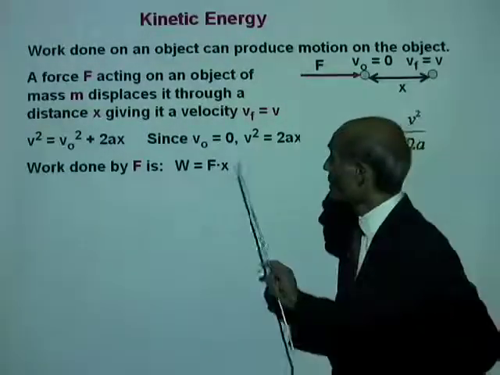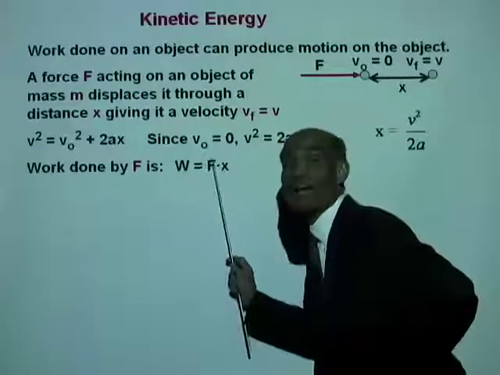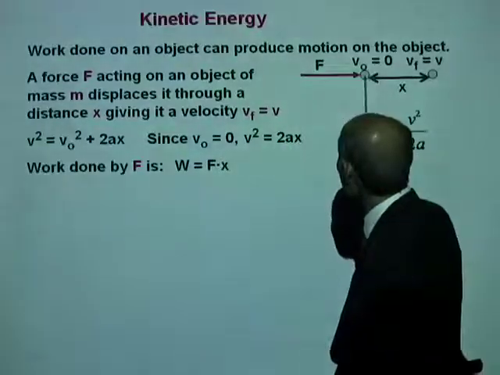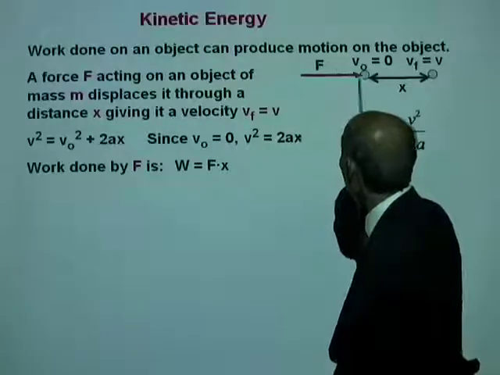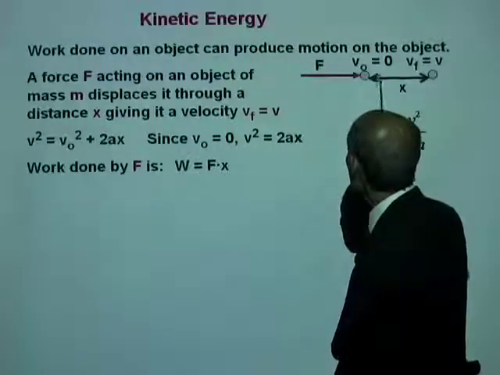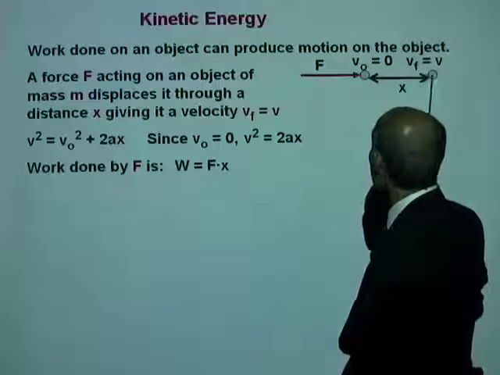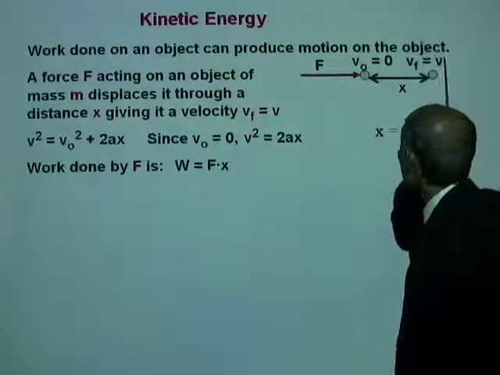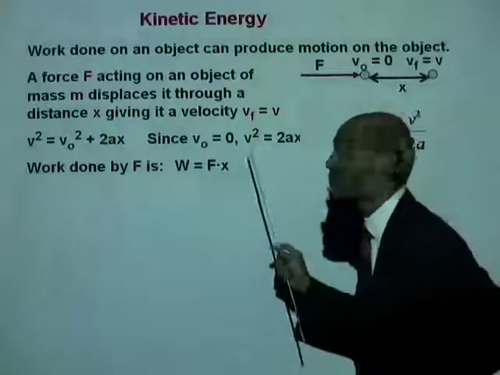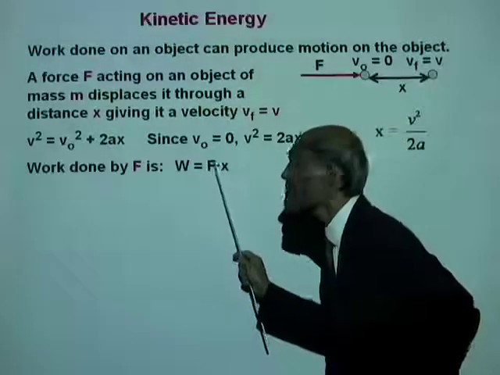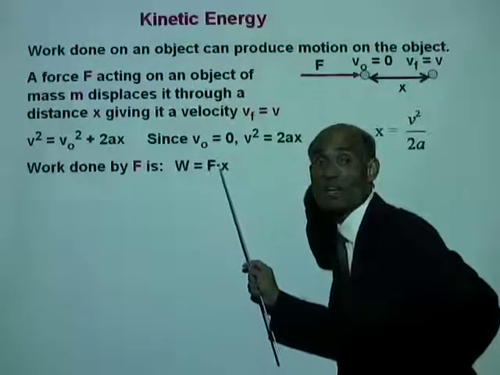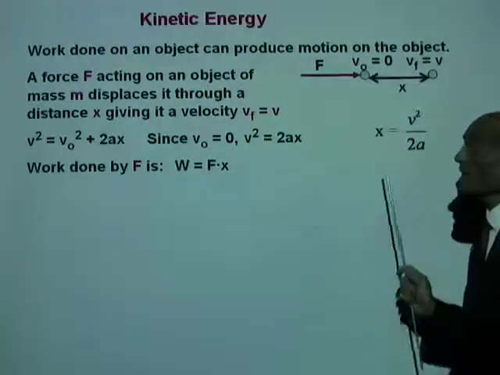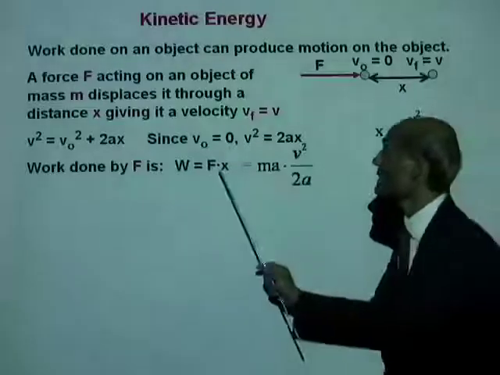And now we can replace this F by ma. Is that right? It is the acceleration produced by this force that is responsible for displacing the object through a distance x and giving it a final velocity v. So we can say F equals ma, and x can be replaced by this quantity v squared divided by 2a.